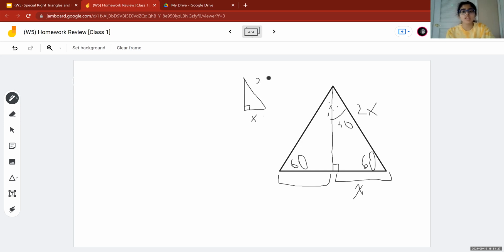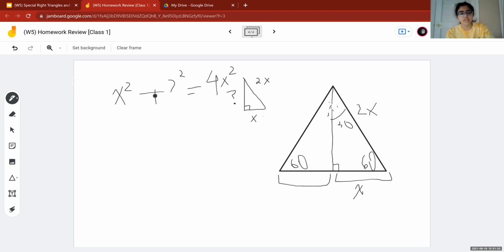So now all we need to do is find this unknown side. And to do that, we can use the Pythagorean theorem. So we know that x squared plus question mark squared must be equal to that (2x) squared, which is 4x squared, because when you square 2 times x, you get 4x squared.